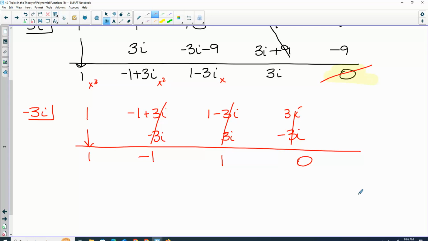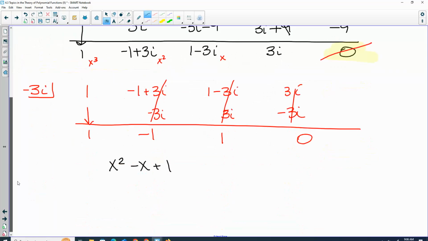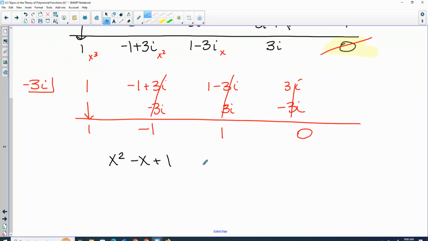Have I lost anything? This is my remainder, constant x and x squared. So my problem is now x squared minus x plus 1. My directions were to find all the zeros. So does this factor nicely? Same thing, multiply 1, add to negative 1.